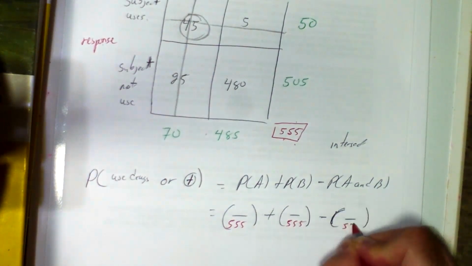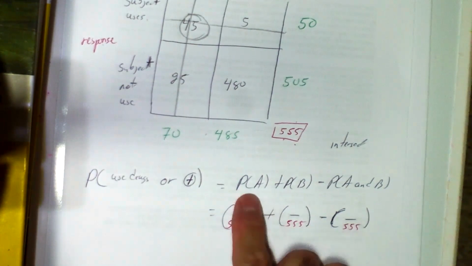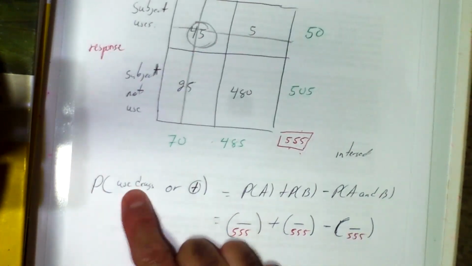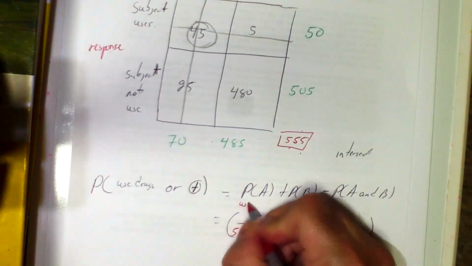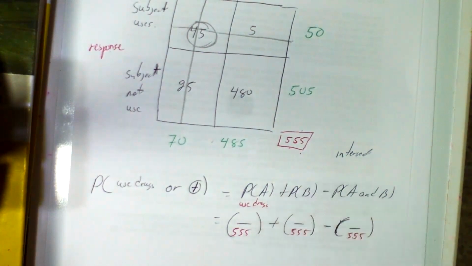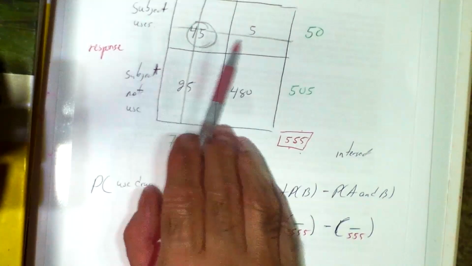Now I got to do parts. All right, so my A represents use drugs. So use drugs is this row.